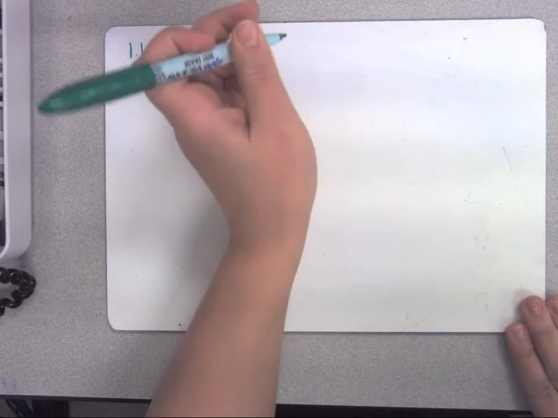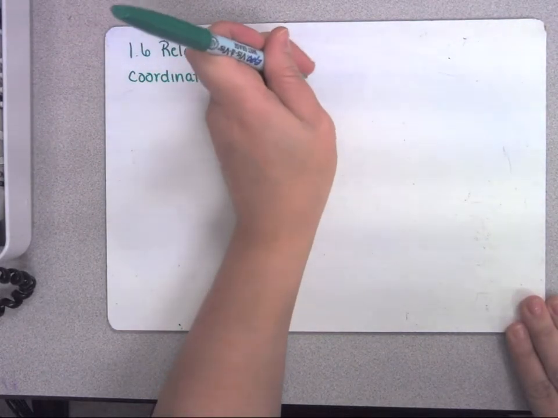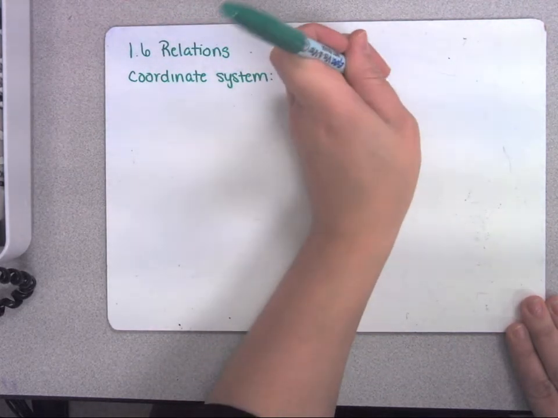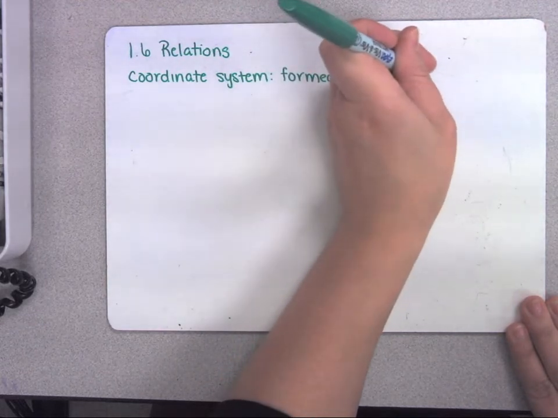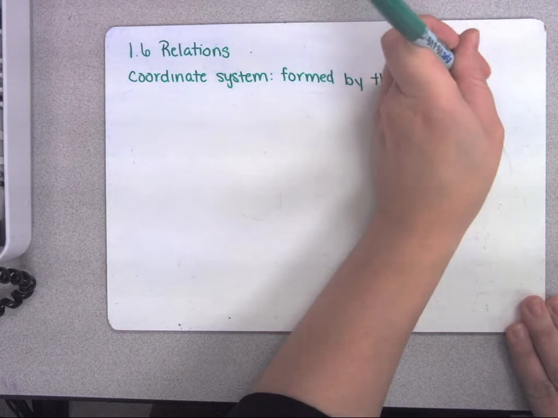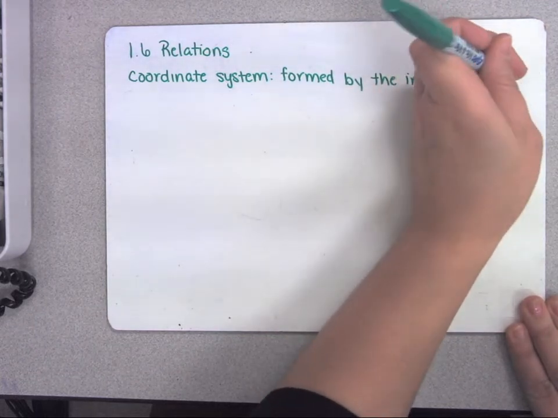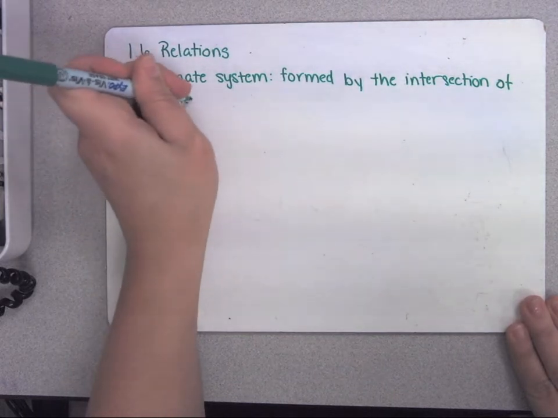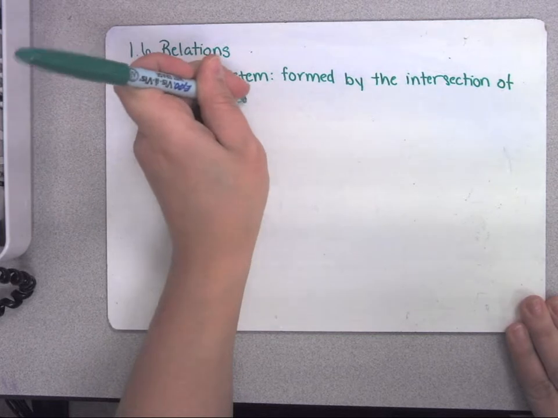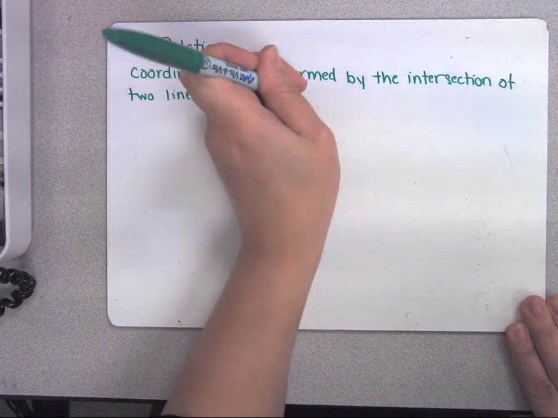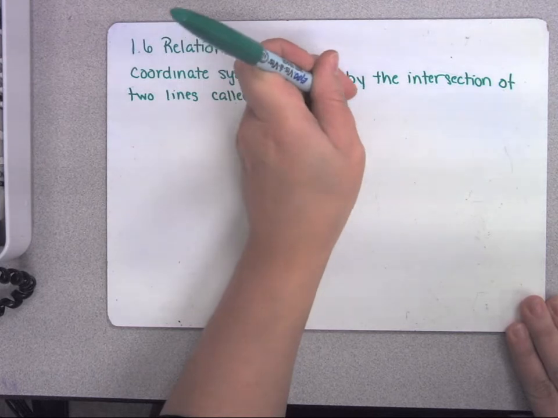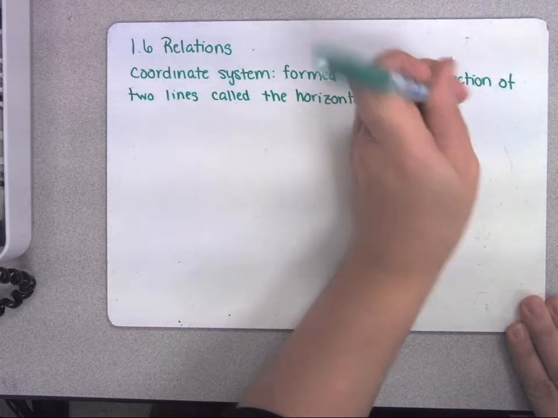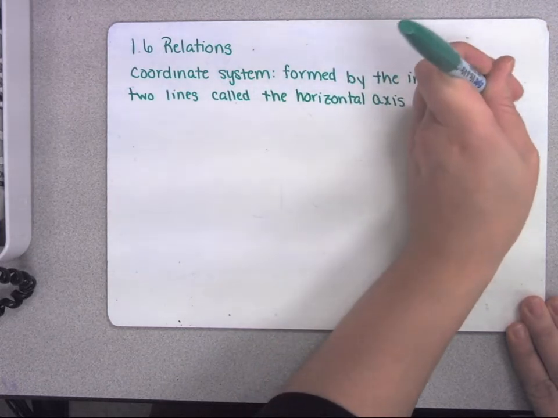What it is, or how it's found, it is formed by the intersection of two lines called the horizontal axis and the vertical axis.